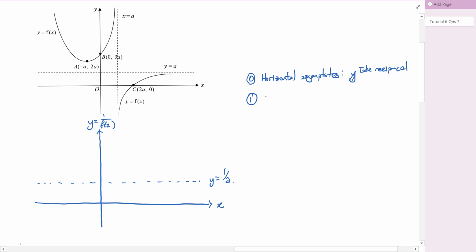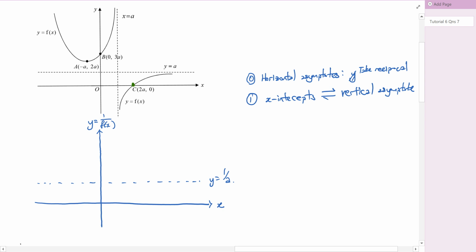Step 1: my x-intercepts will become vertical asymptotes, and vice versa. What do I mean by that? Let's look at it.